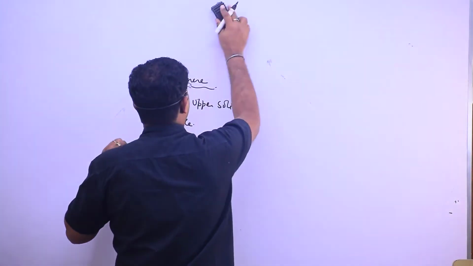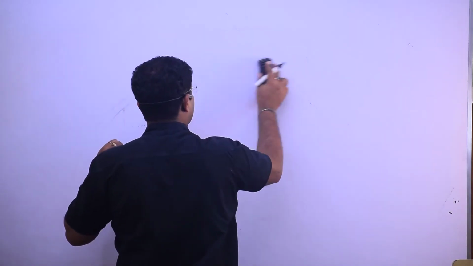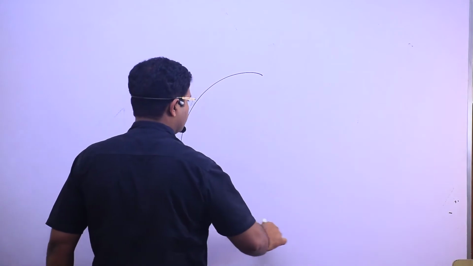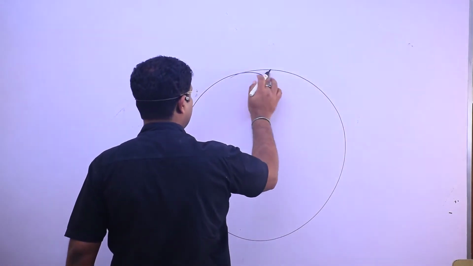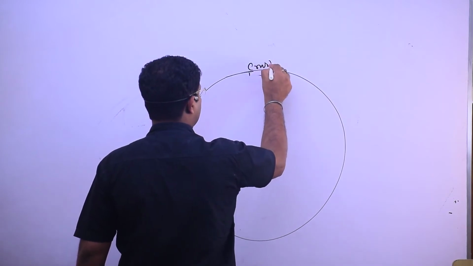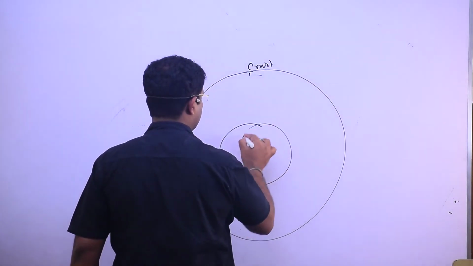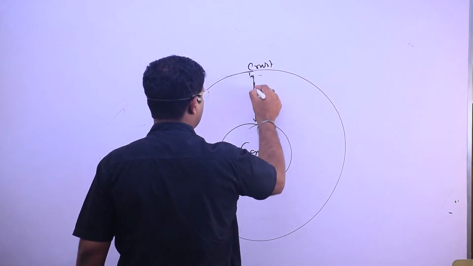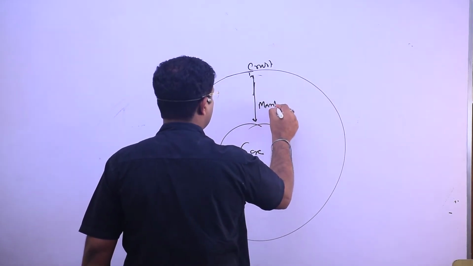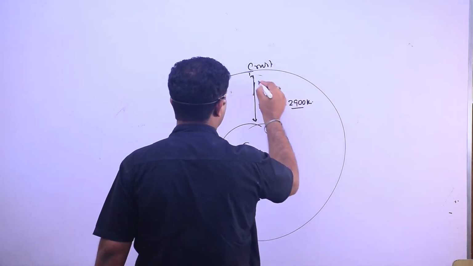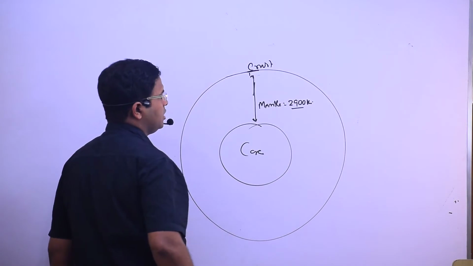Now if we see, generally if I say that Earth is like, simple, this is crust, this is core, and this is the deeper part, the mantle, whose depth is around 2900 kilometers, and there is a very thin crust.